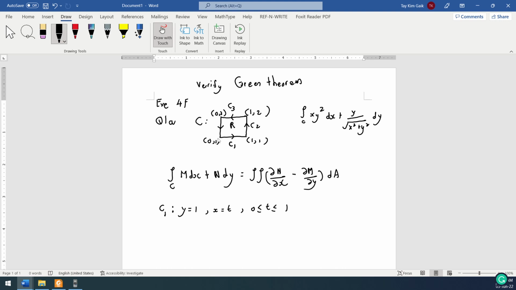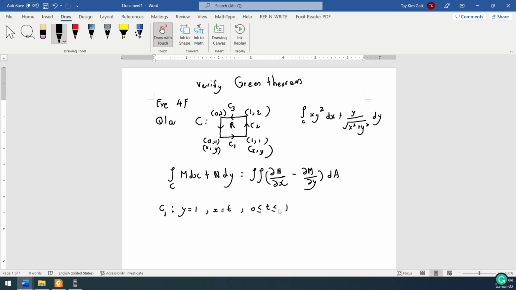So is it okay to get the parametric equation for C1? Because you see the coordinate, this is xy. Y is constant, which is y equal to 1. X is a variable moving from 0 to 1. So that's why I let x equal to t, and x moves from 0 to 1, so t moves from 0 to 1.